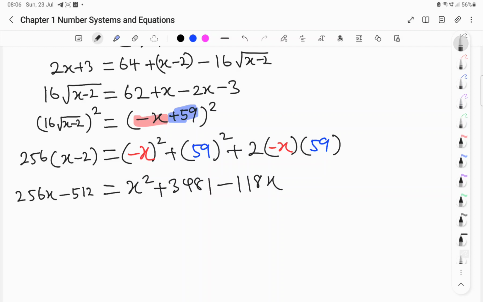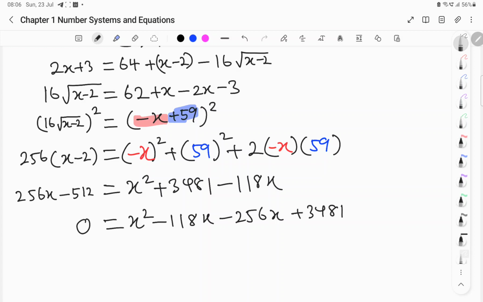Okay, then what we need to do now, we make sure everything is on one side. So x squared, minus 118x minus 256x, and then plus 3481 plus 512. Okay, then we simplify.